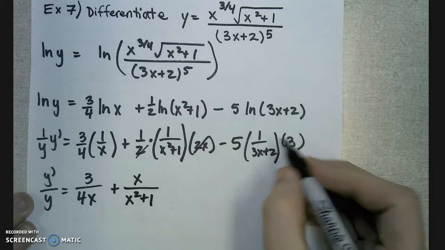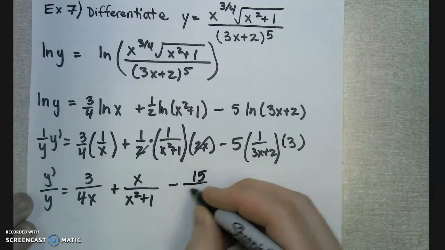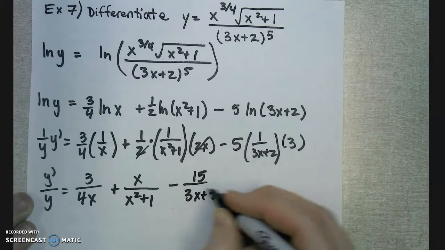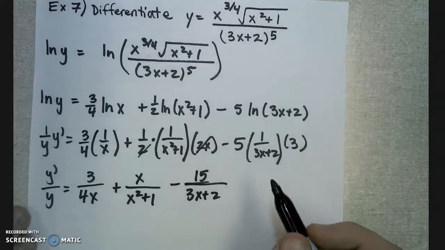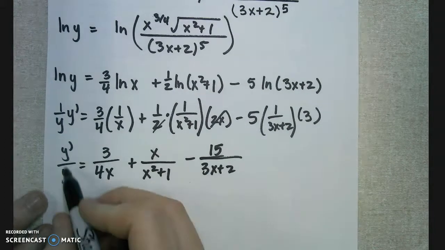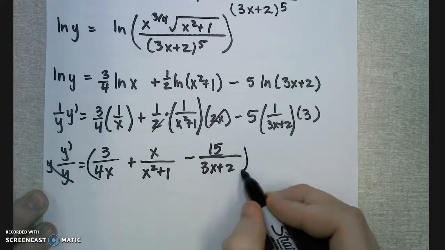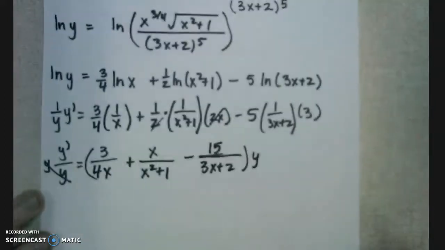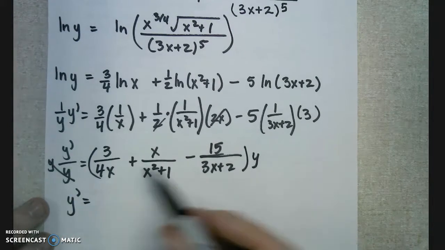I can put my 5 and my 3 together and make negative 15. Now here I could work on getting common denominators, but it doesn't really seem worth it, so I'm just going to leave it as it is. And I want to get rid of this y now. Remember, the goal is to solve for y prime, so I'm multiplying both sides by y. And so this is what I've got.